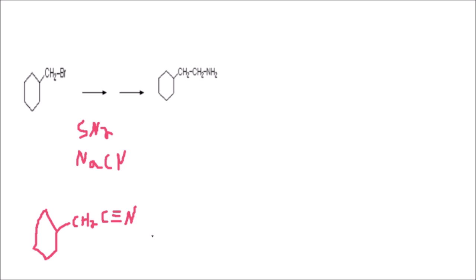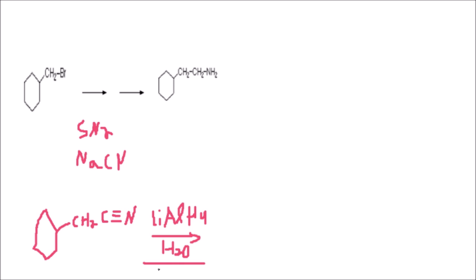Okay, and it is known that you can reduce a nitrile group to CH2 and NH2 by using a strong reducing agent like LAH, or lithium aluminum hydride, then water.